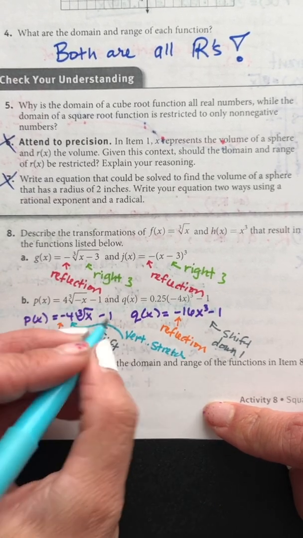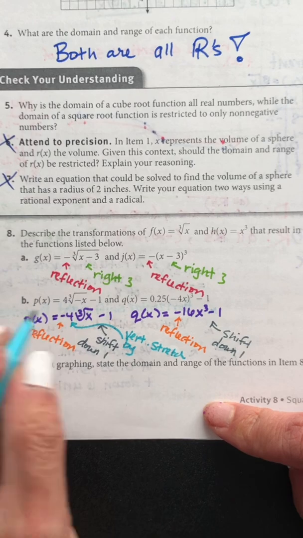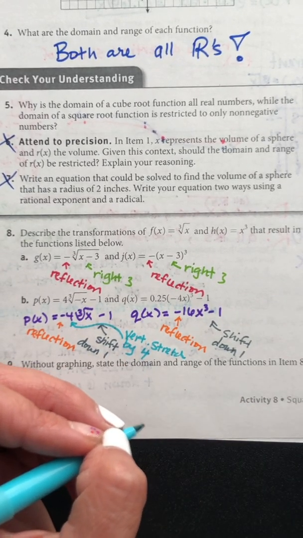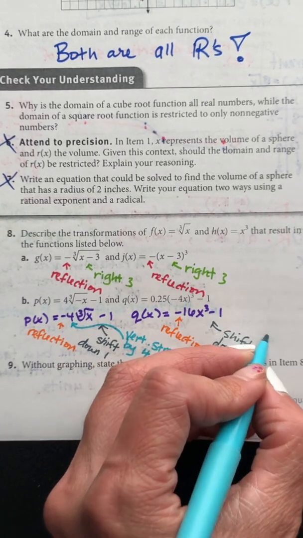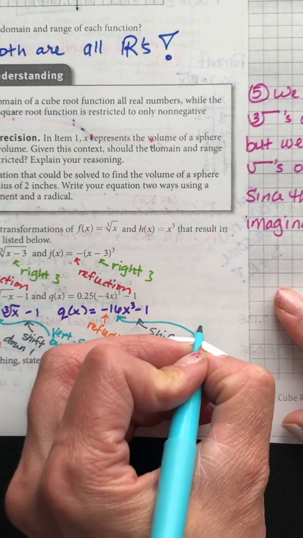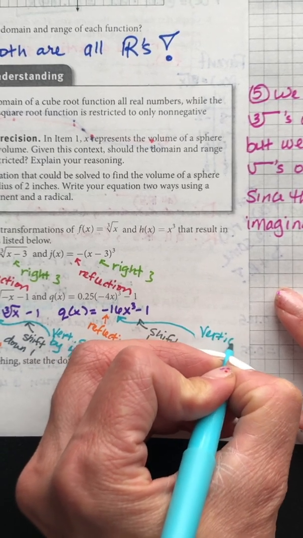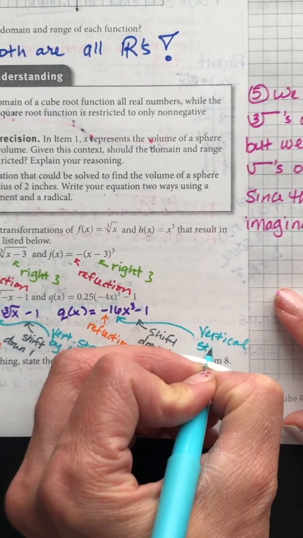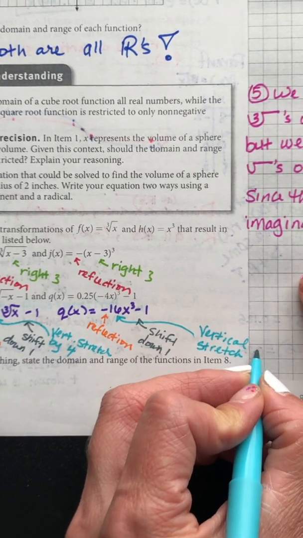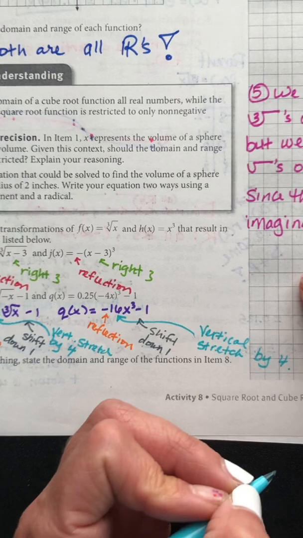Vertical stretch by a factor of 4. So I'm just going to put by 4 because I can't fit a factor of in there because I don't have enough room. And then this one is a 16. So it's bigger than 1. So this one is also a vertical stretch. And I'll put by 4 because I don't want to write it all out. By a factor of 4.